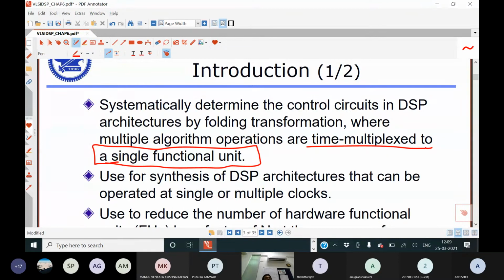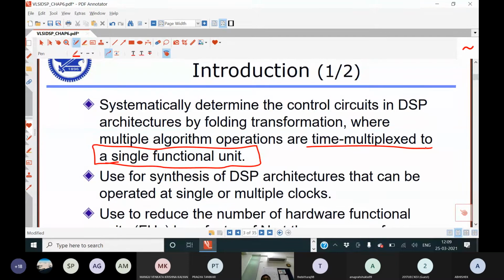If I want to do, let's say, a 4-bit addition, one approach is to have 4 adders, apply all 4 inputs, and generate the output. That is one way. Another way is to use a single adder, but apply the inputs one by one, which is similar to what we discussed as a bit serial architecture in unfolding.